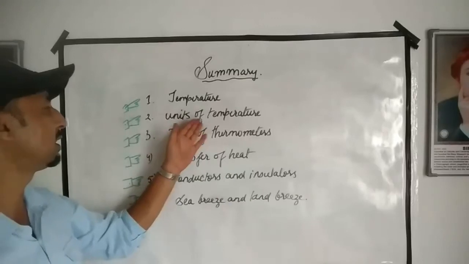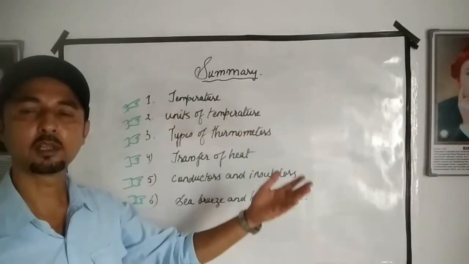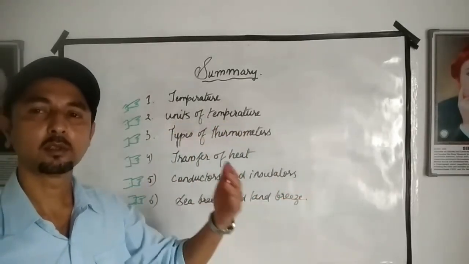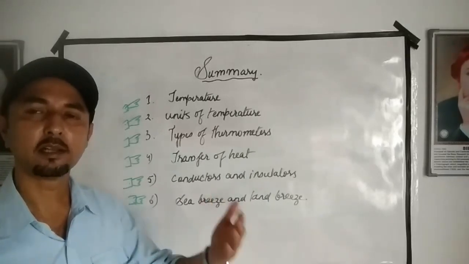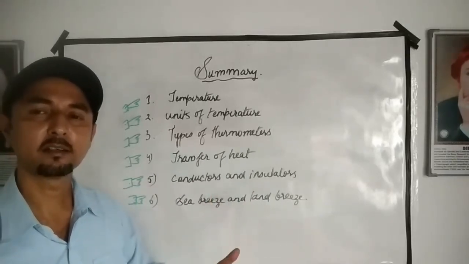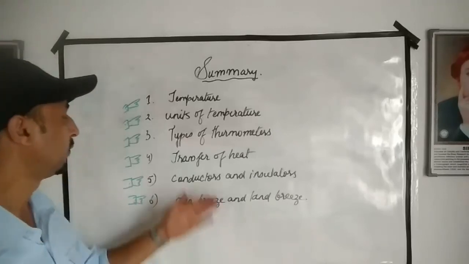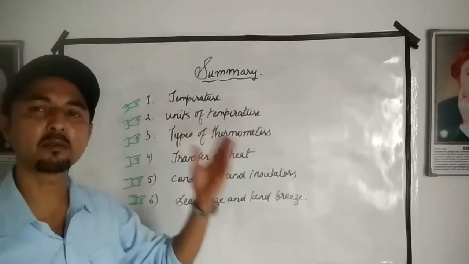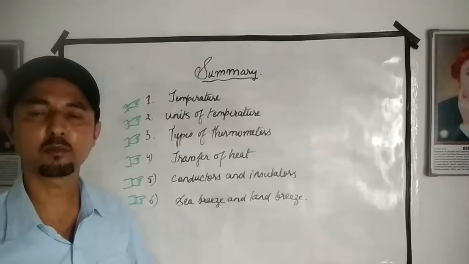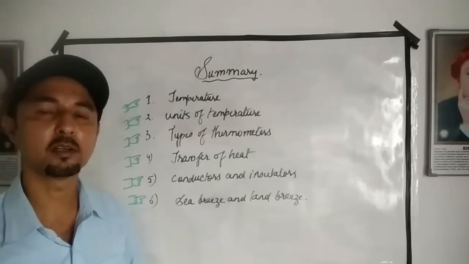We have learned the units of temperature, the 3 units of temperature: degree Celsius, degree Fahrenheit, and Kelvin. We have learned that there are 3 types of thermometers: clinical thermometer, laboratory thermometer, and maximum and minimum thermometer.